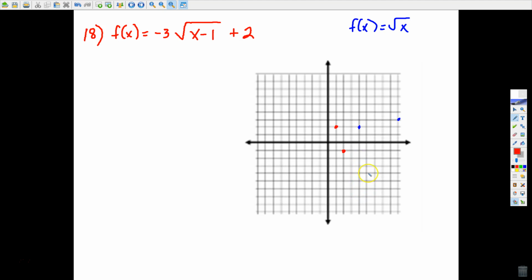Right 1, up 2. And then 9, 3, when multiplied by negative 3, becomes 9, negative 9. Right 1, up 2. And that will take care of this graph.